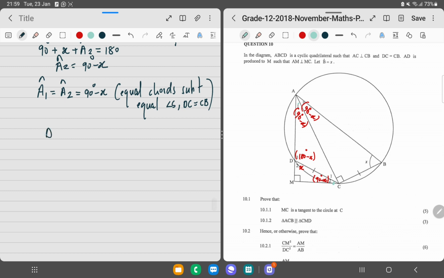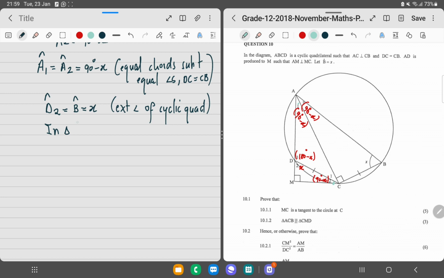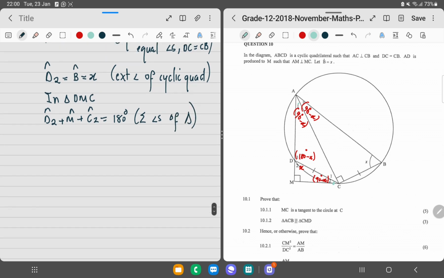Okay, and then we say D2 is equal to B, exterior angle of the cyclic quad. And then in triangle DMC, we know that D2 plus M plus C2 should be equal to 180 degrees, sum of angles of a triangle.